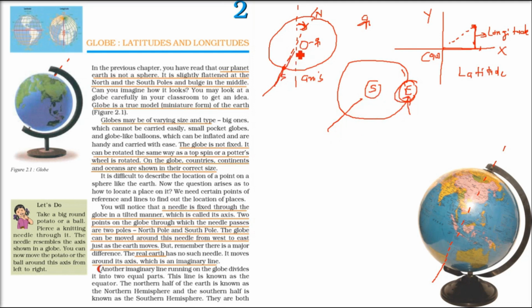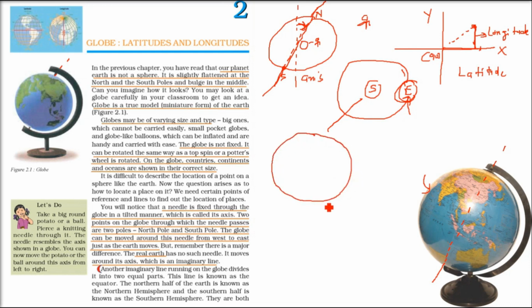If you take a ball and pierce it with a rod, the upper will be north and below will be south. If this is a needle you entered inside, you are able to rotate it. You can use your hand to rotate this globe as Earth is also rotating on this imaginary axis.